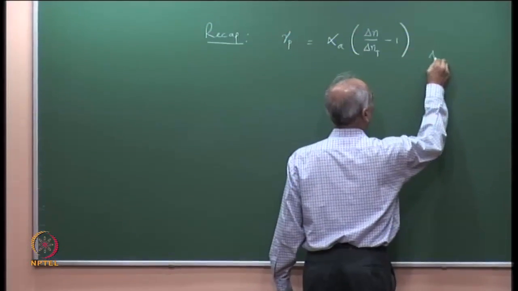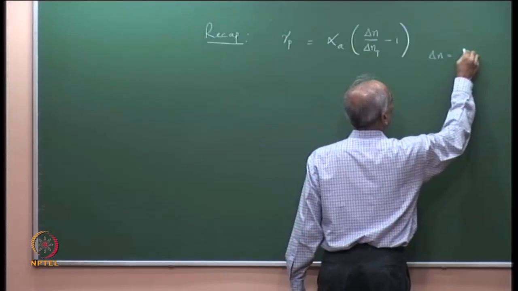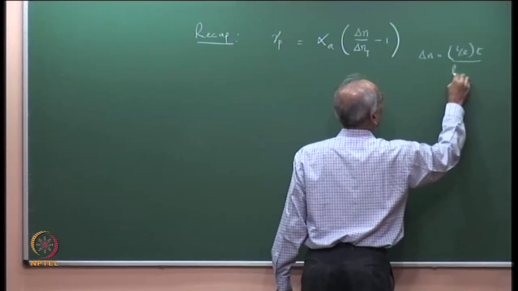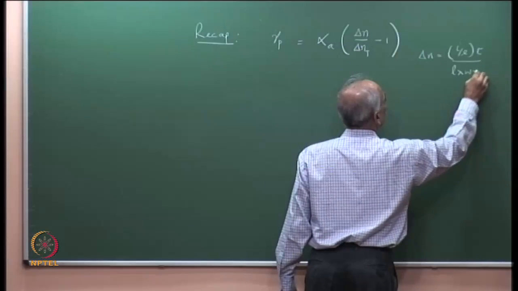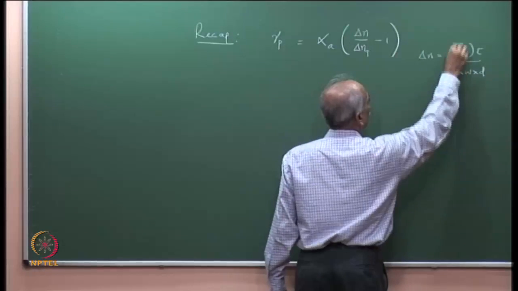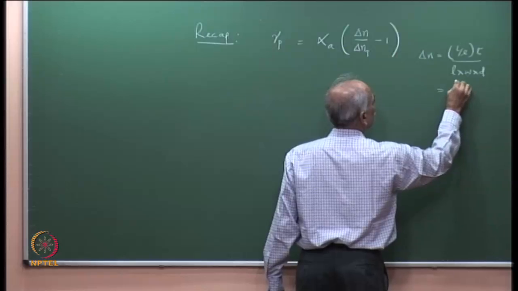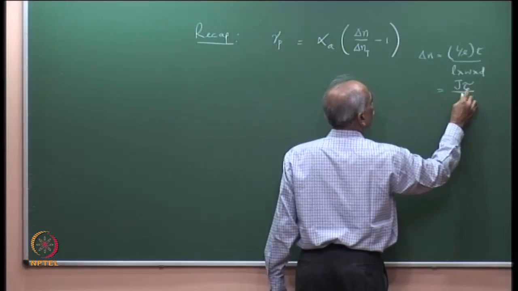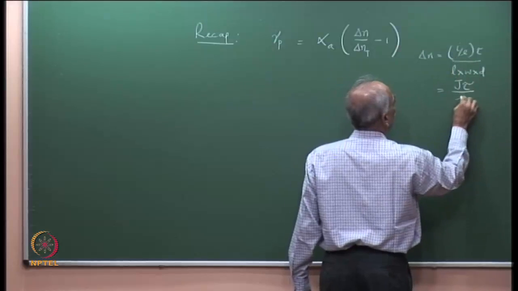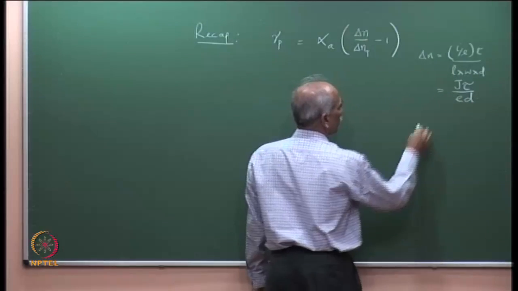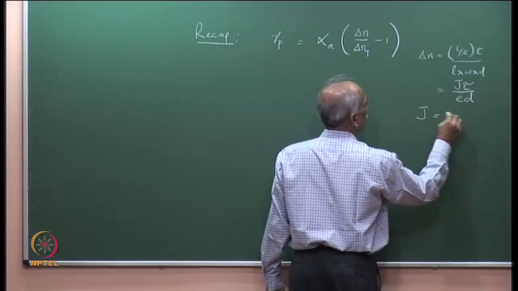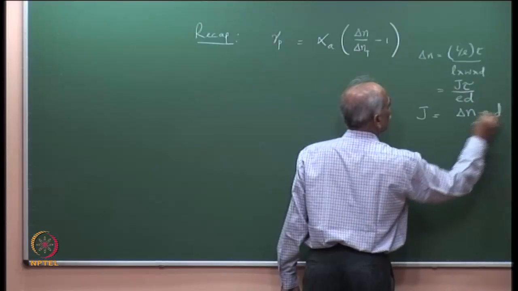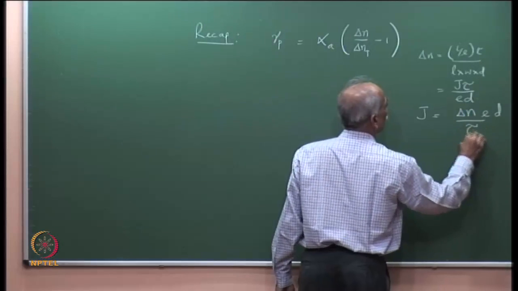So, delta n, very quickly, delta n is equal to I by E into tau divided by L into W into D, or I by L W is J. So, it is J tau divided by E into D, or we have J is equal to delta n into E into D divided by tau.